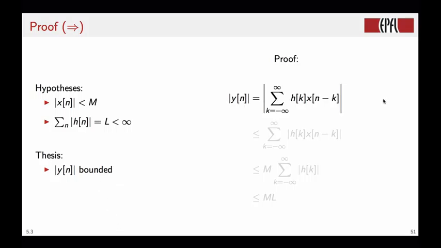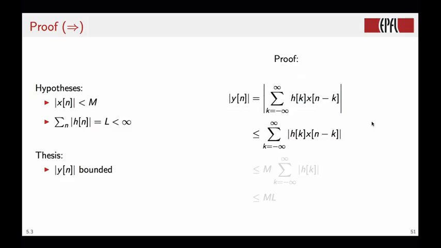We start by considering the magnitude of the output of the filter, which is just the magnitude of the convolution sum, written here as the sum for k that goes from minus infinity to plus infinity of h of k times x of n minus k. Notice here that we use the commutative property of the convolution, and we actually time reverse and delay the input rather than the impulse response.